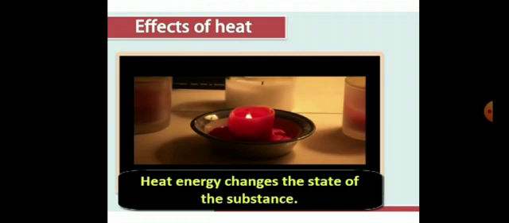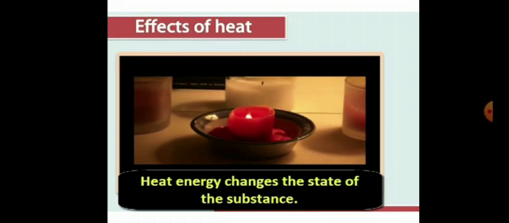Now let us see effects of heat. When a candle burns, the region where the candle burns, that surrounding area gets melted down. So heat energy changes the state of substance. Here solid wax is converted into liquid wax.